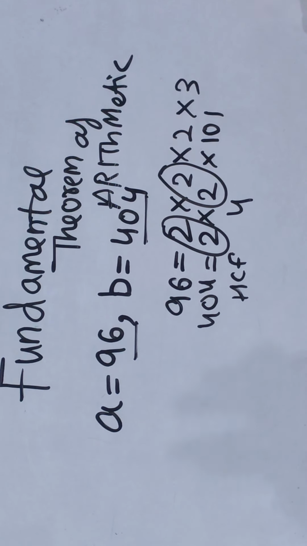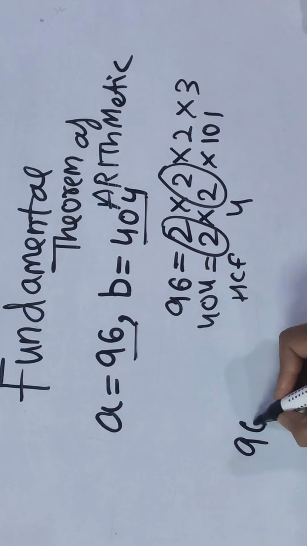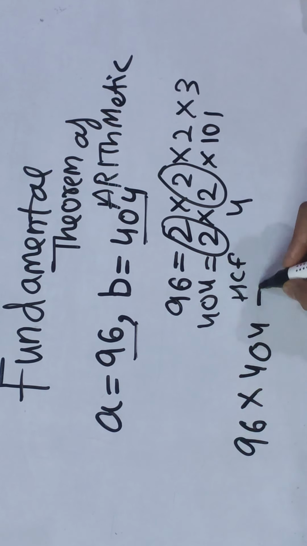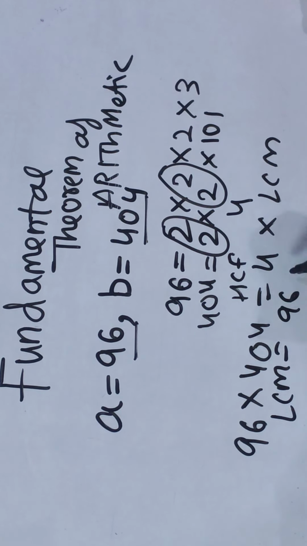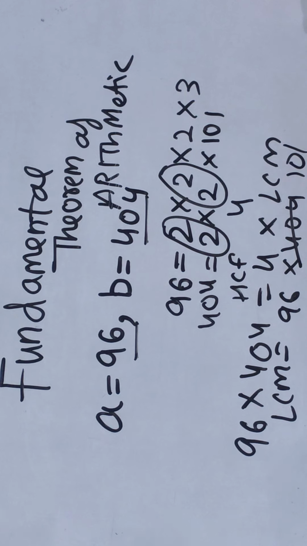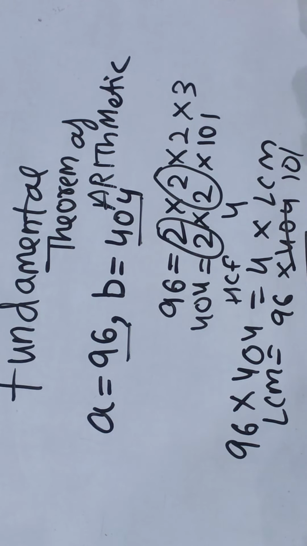Now we can clearly find the LCM: 96 into 404 will be 4 into LCM. So LCM will be 96 into 404 upon 4, that will be 96 into 101, and it will be 9696. So 9696 is the LCM of these two numbers, and we found this by using the fundamental theorem of arithmetic.